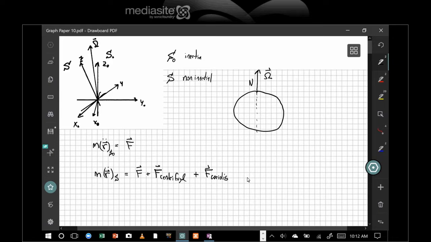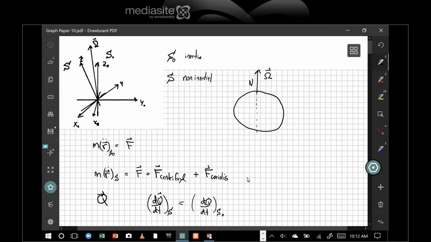Now, how do I want to do this? Well, say I have a general vector Q. For us, that could be a position vector or a velocity vector. What I want to do is write the rate of change of Q in a reference frame called S, the rotating frame, and relate that to the rate of change of Q in the non-rotating frame S naught.